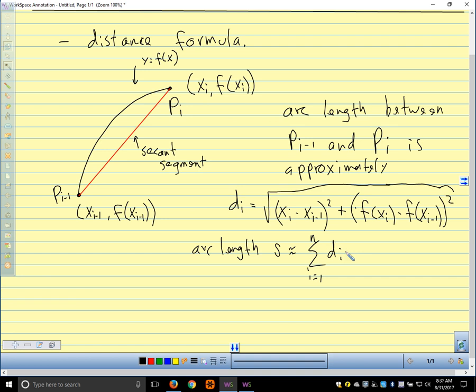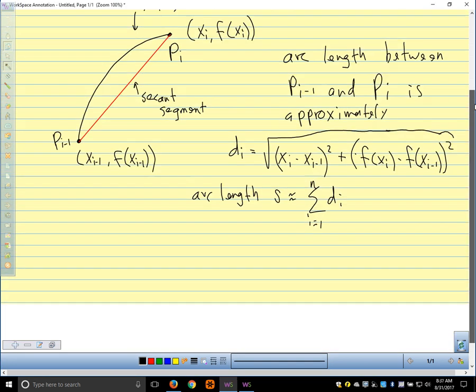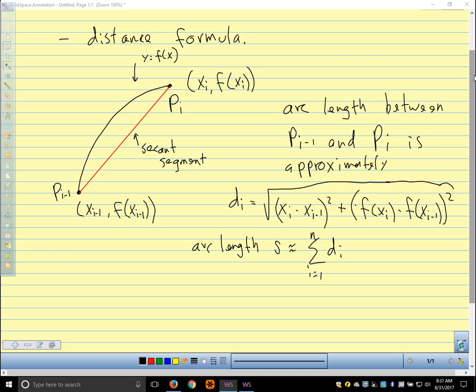All right, so this is why I like this argument, because we get to talk about the mean value theorem. So on this interval from x sub i minus 1 to x sub i, what does the mean value theorem guarantee us? Mean value theorem says there's some point in there where what happens?